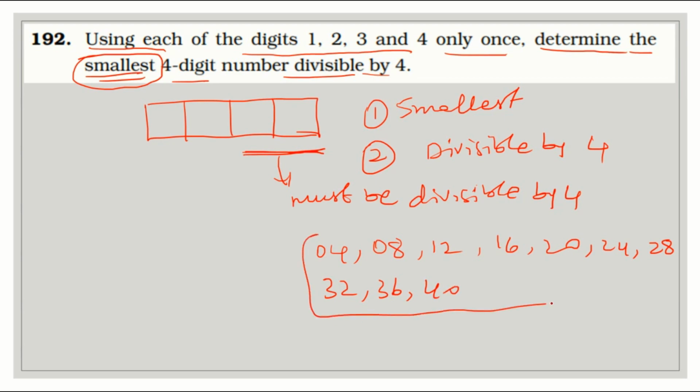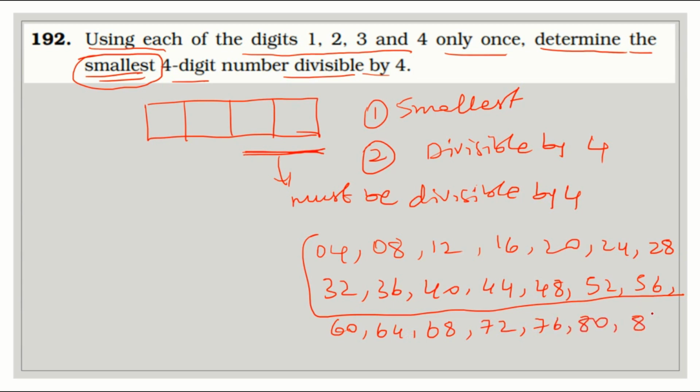So these are the possible numbers. Even 44, 48, 52, 56, 60, 64, 68, 72, 76, 80, 84, 88, 92, 96. That's it. The moment it gets 100, it becomes a 3-digit number. So these are the possible digits.